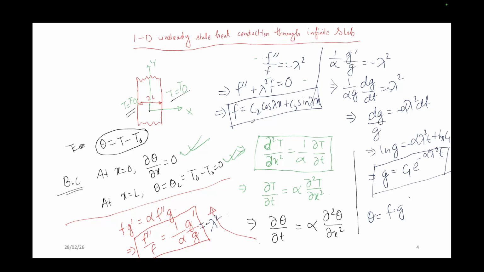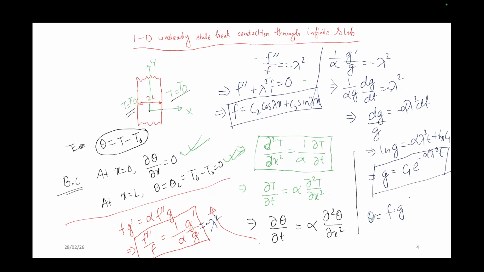Say if you put x equal to 0, cos 0 is 1 and sin 0 is 0, right? So the function will be c2.